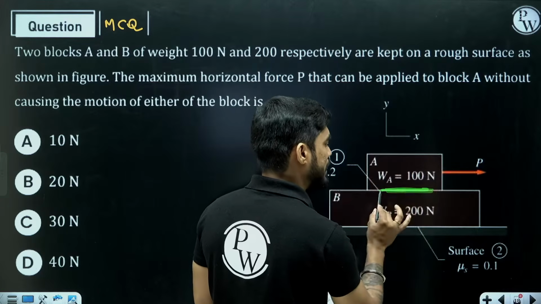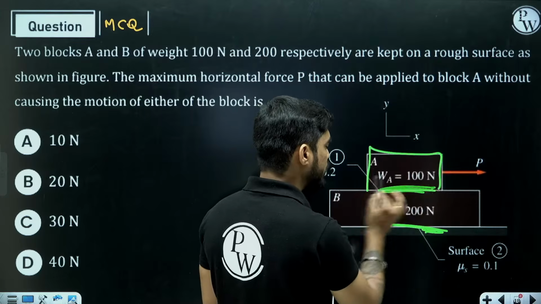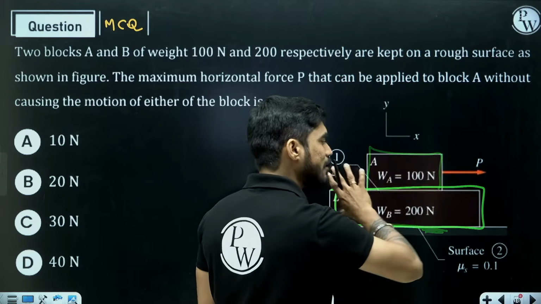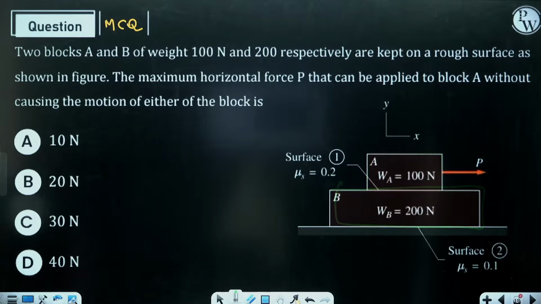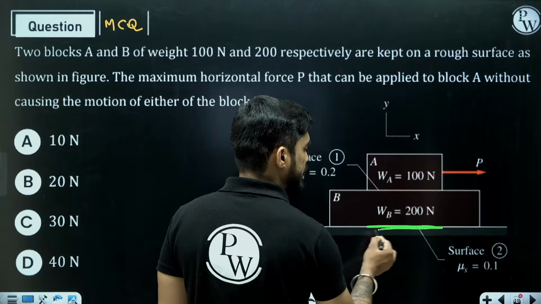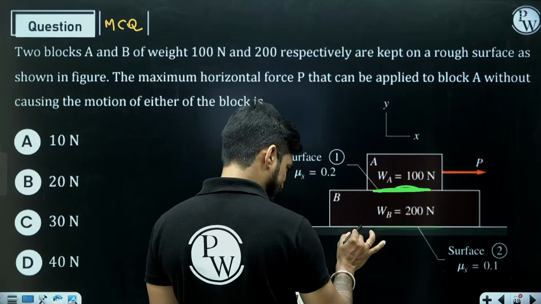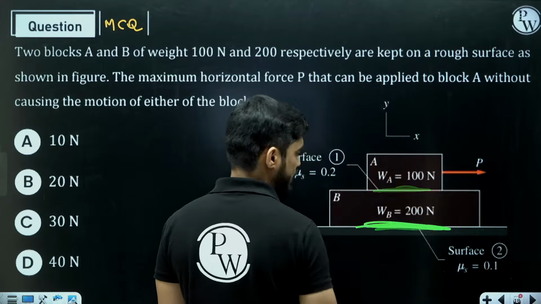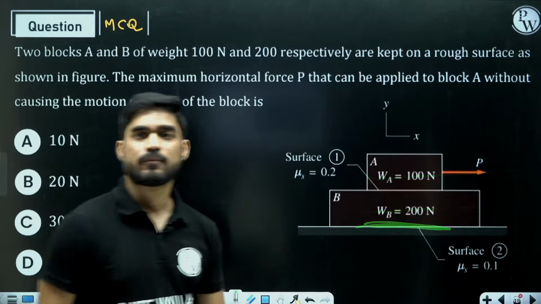So there will be no sliding on this surface. There will be sliding on this surface. So both the blocks will start moving together. Do you understand the second condition? Friction force on surface number 2 is less than friction force on surface number 1. So sliding will happen on this surface first. So both the blocks will start moving together.